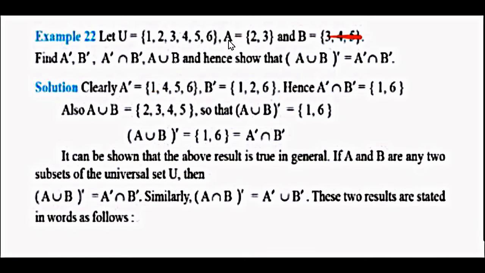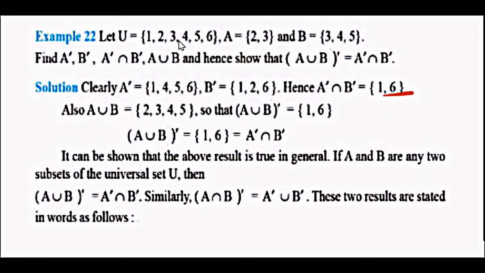Again, you subtract 3, 4, 5 from U. That will give you B complement. B complement will be just remove this 3, 4, 5, and 1, 2, 6 will be remaining. Now let us find the intersection of these two. All the elements which are common to these are only 1 and 6. So A complement intersection B complement will be 1, 6.